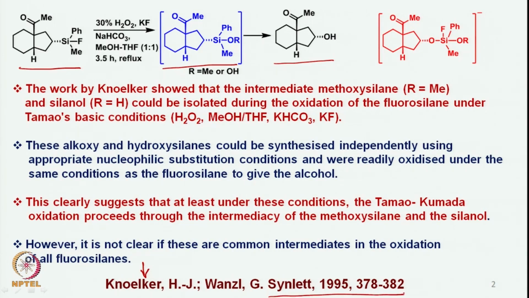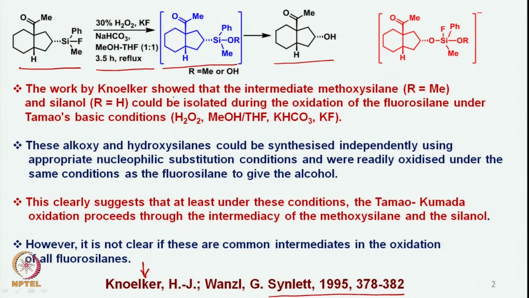When he did the work, he actually isolated the corresponding methoxy or hydroxy group here. So, this particular molecule was isolated by Knölker during the reaction of converting this particular silicon containing molecule to the corresponding hydroxy molecule.